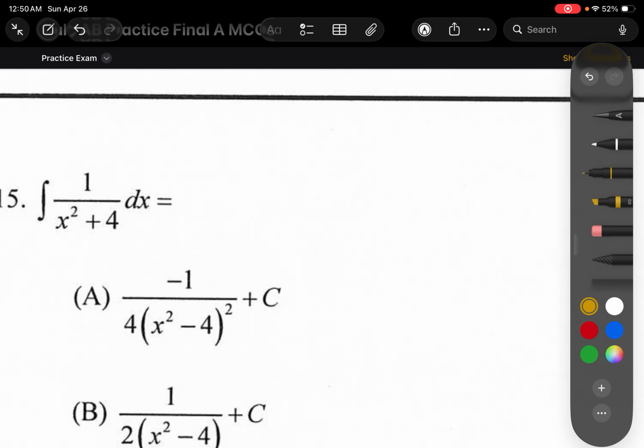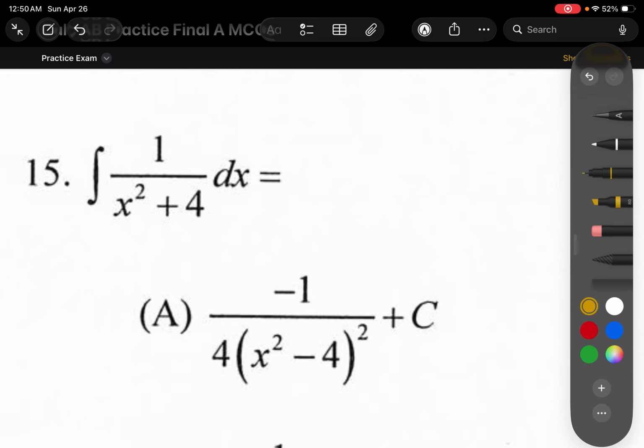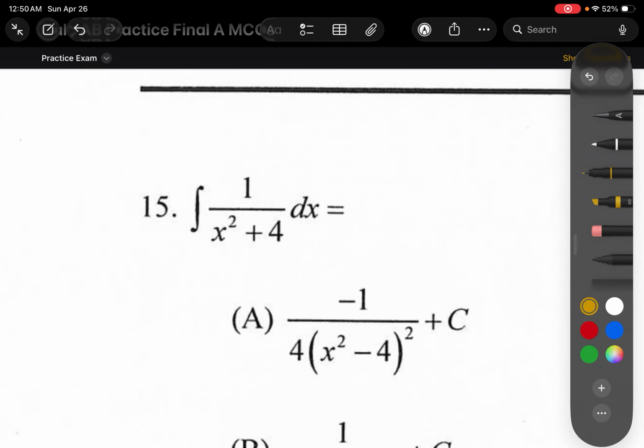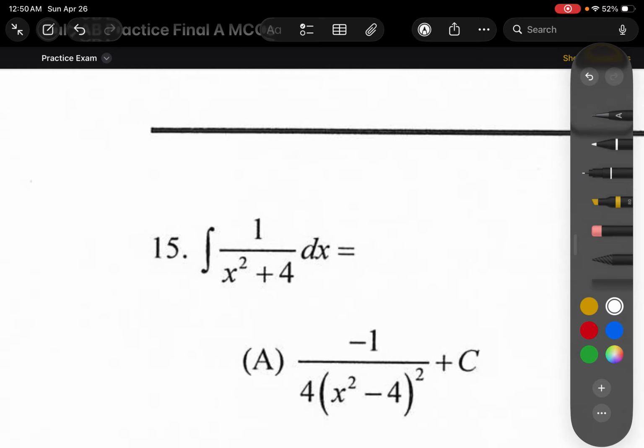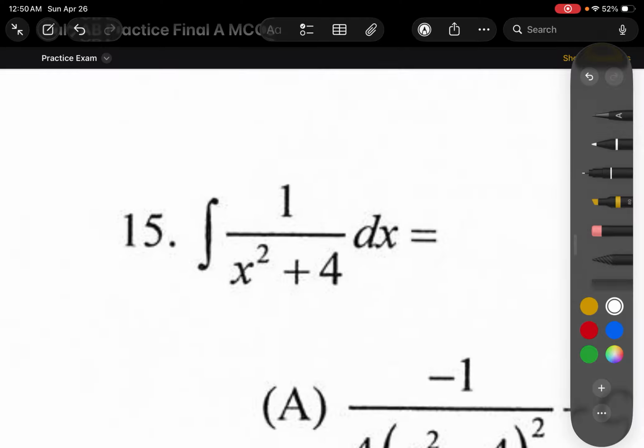15. The integral of 1 over x squared plus 4. This is a very interesting problem because you're going to have to deal with the arctangent here. So you can factor out a 4 here. Why is that the case? Here's why.